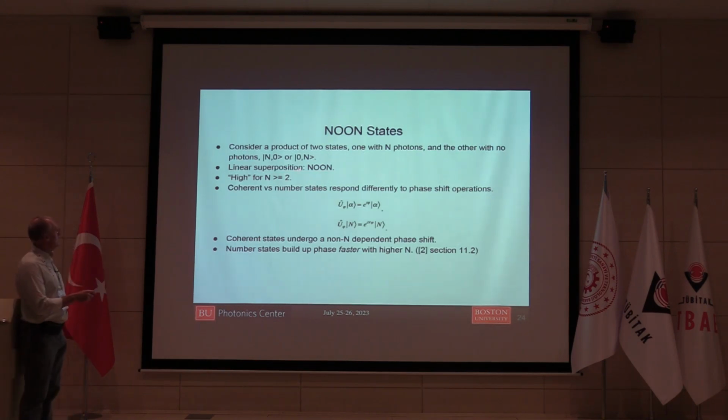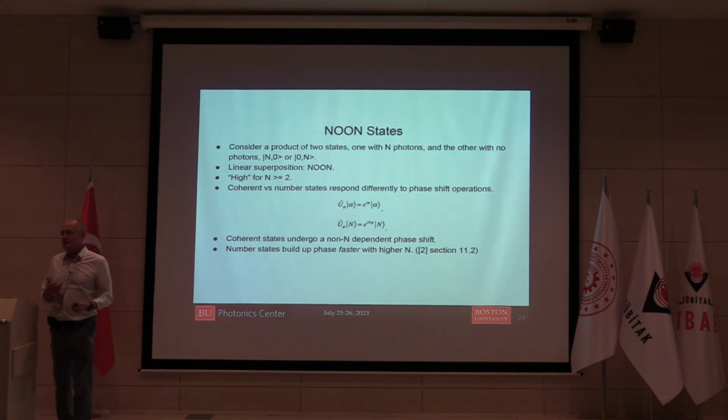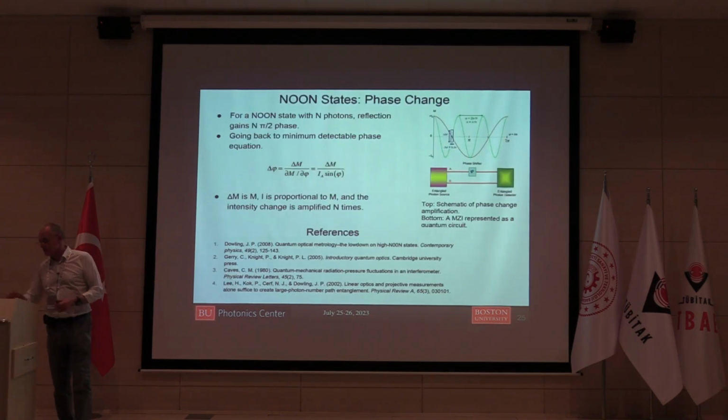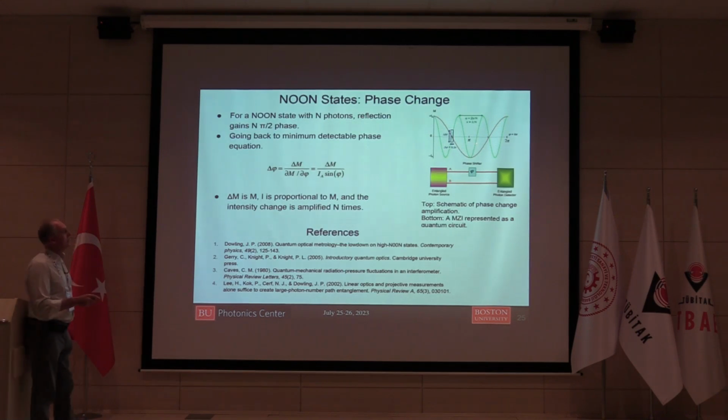So what does it mean? If you have the operator, like the regular state, it gives you a phase shift on the state. When it's n photons, it will give you n times greater phase shift. So it's like amplifying the phase shift, basically. If this is the original fringe, then this fringe, the green one, is for 2 times.